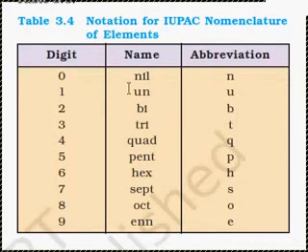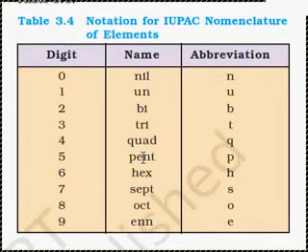Now concentrate here a little. It's very easy to remember. Nil you know already is 0. For 1 you have UN. Bi means 2. Tri means 3. For 4 QUAD, you can remember the word quarter, etc. for remembering that QUAD is 4.